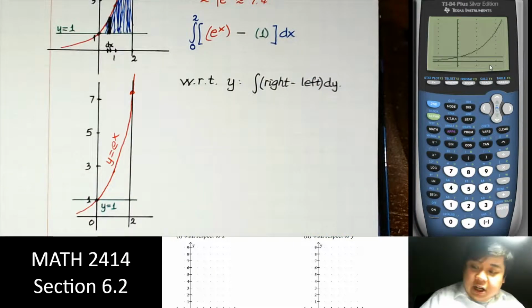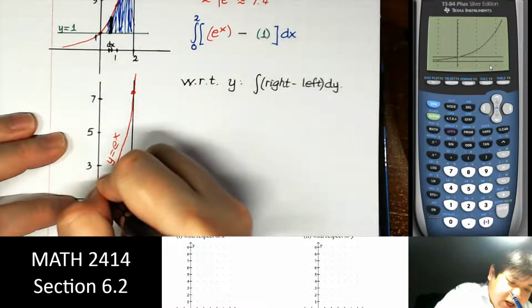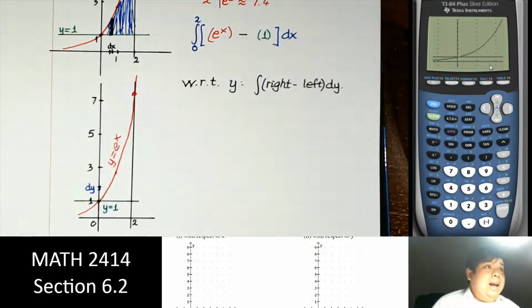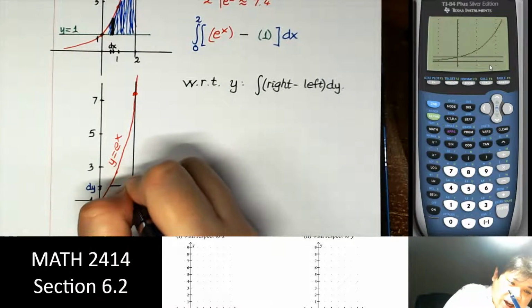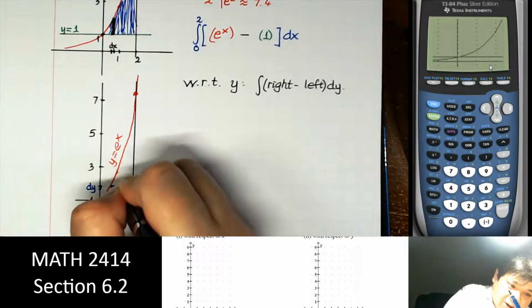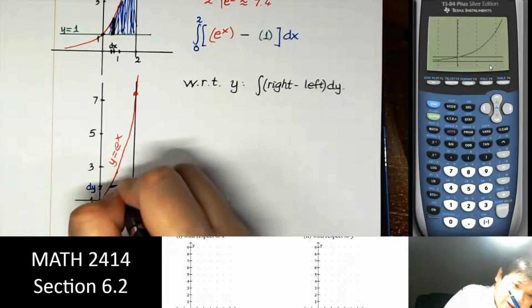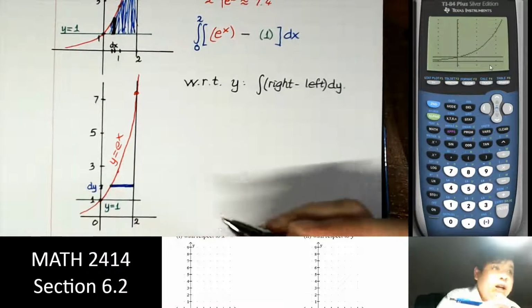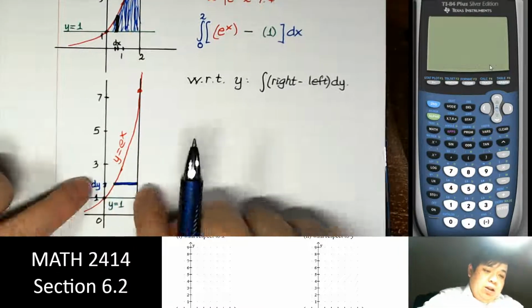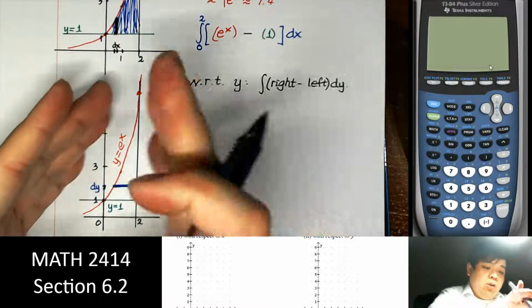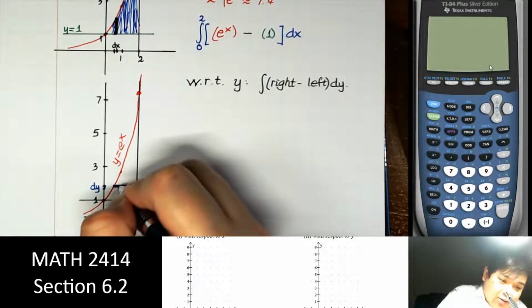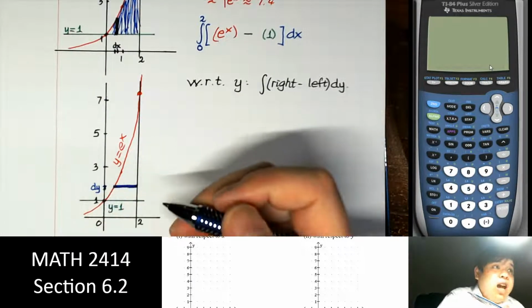The reason we do that is when we're talking about dy, it's going to be this little increment. And so we're going to have the little rectangle where the height is dy, and we need to find that distance, which is the function on the right minus the function on the left, to find the area of one thin rectangle.